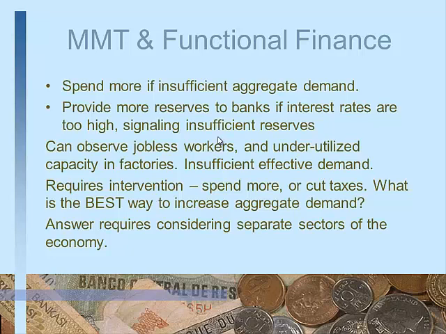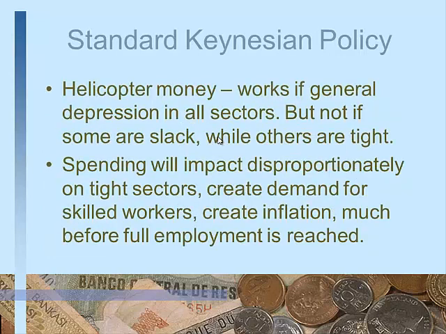This requires careful policy making, and this is where Keynes was not quite right, in the sense that the aggregate tools don't work. If the government just spends more, what you call helicopter money, the standard policy, we just drop money all over the economy and use taxation to mop up the excess.